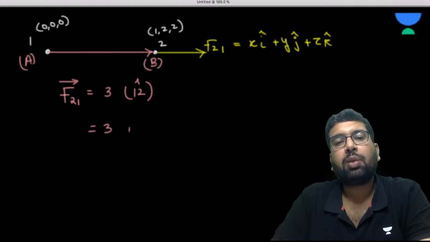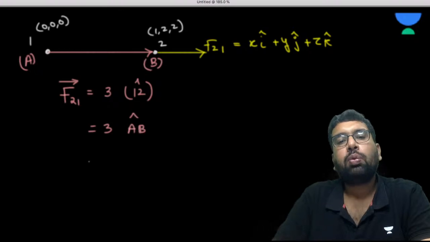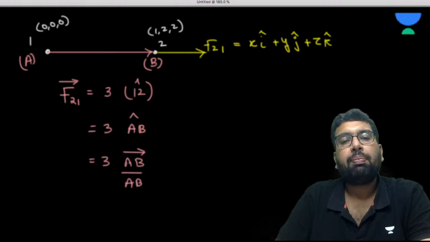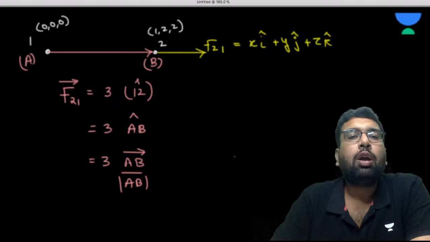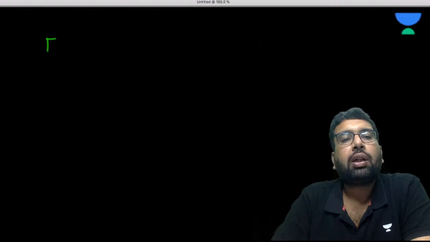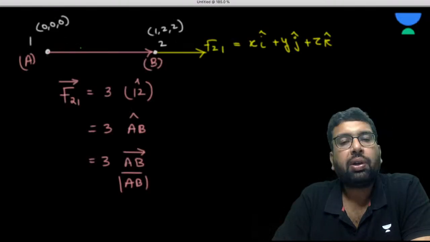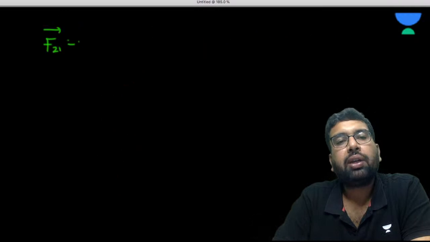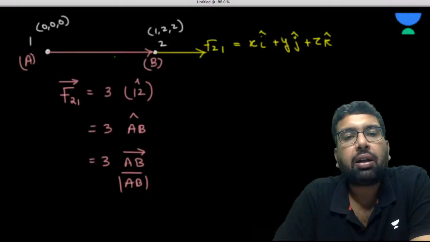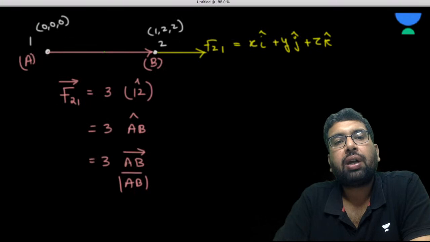So this is going to be AB cap. What is going to be the AB cap? This is going to be AB vector upon mod of AB. So this F21 is going to become 3 times AB vector. AB vector is 1 i.